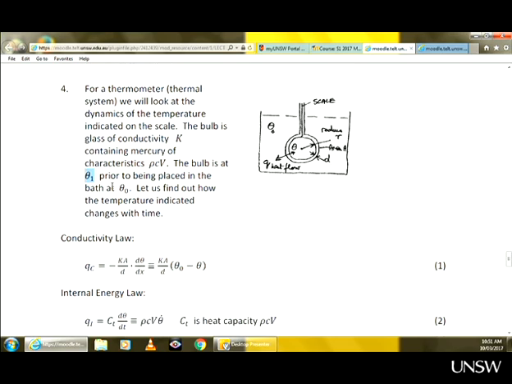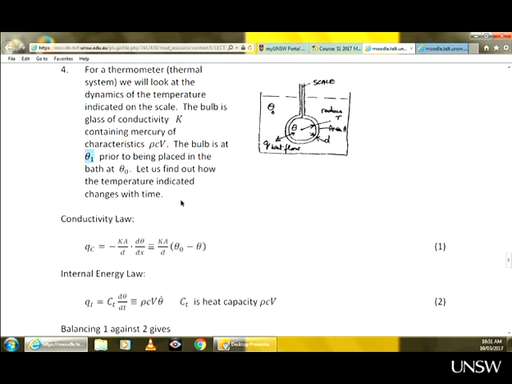What you're interested in, we know that eventually the thermometer will show theta O, the temperature of the surrounding fluid. But we are much more interested in the dynamics, how the mercury reaches that value that we all want to measure.